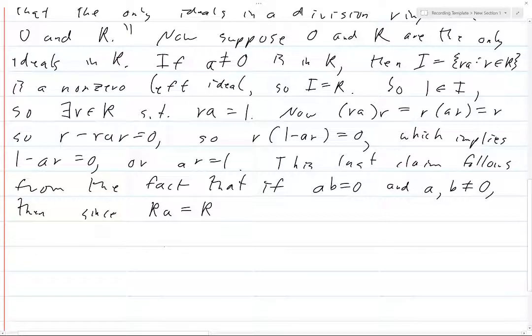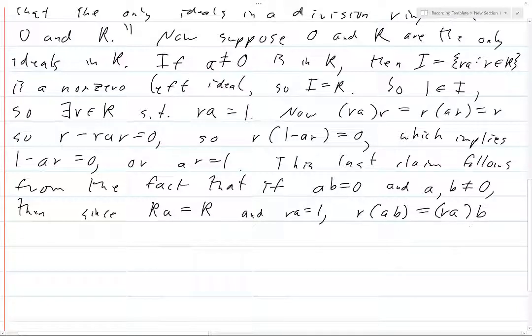Is this a left ideal or a right ideal? It's one of the two. But whatever it is, it has to equal R because it's not 0. And we also know ra equals 1. Then you take r, multiply by ab, and what you get is an element of ra times b.